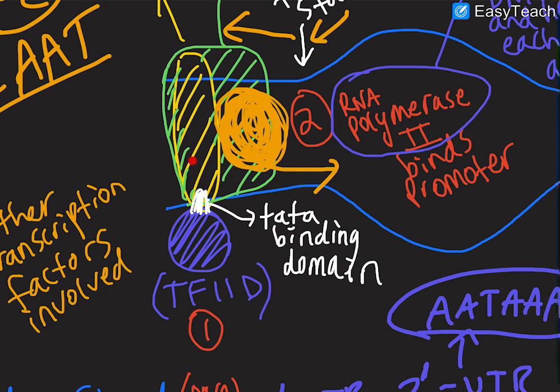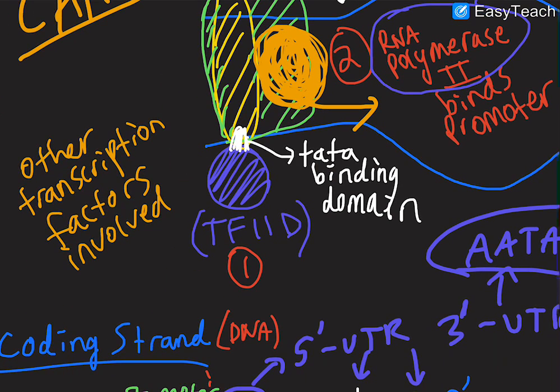Now there are other transcription factors that we didn't list, such as transcription factor 2E, A, H, and so on. But the main thing to focus on is transcription factor 2D because that's the one that has the Tata binding domain. This helps RNA polymerase come over near the Tata box and bind, and then transcription can follow after.